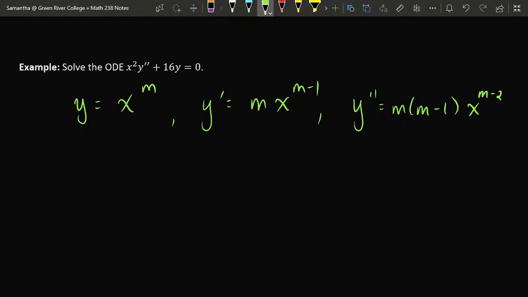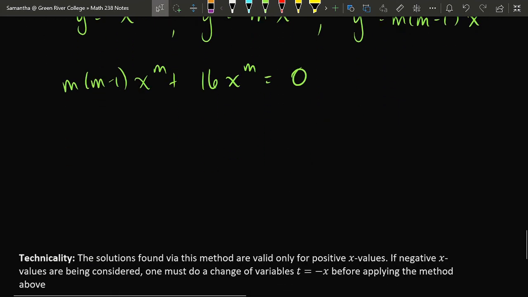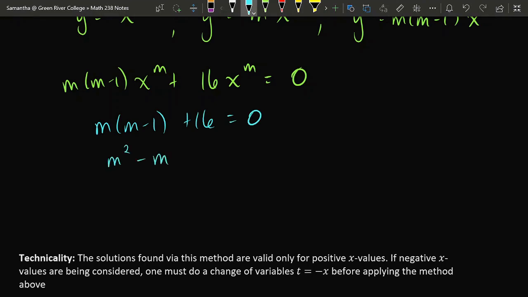So if I stick that into our differential equation and simplify a little bit, I get m times m minus 1 x to the m plus 16x to the m equals 0. And after canceling out those x to the m's and simplifying a little bit, I'm left with the equation m squared minus m plus 16 equals 0.